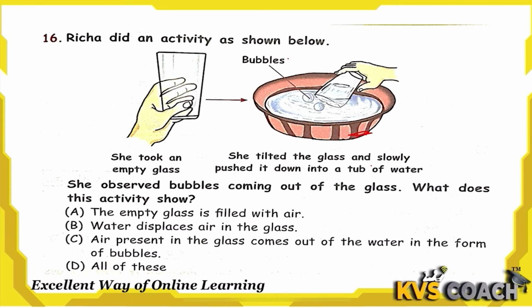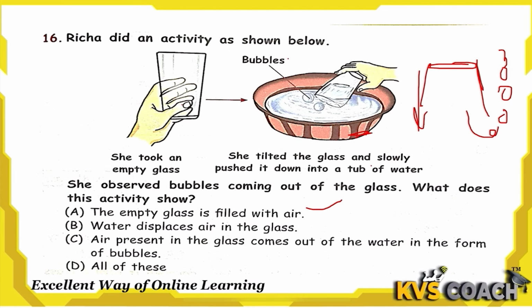Kids, here is a bucket filled with water. We took an empty glass and we put it in downward direction into the water, like this. Then what will we see? We will see bubbles coming out from the water when the glass goes down in the water. So what does the activity show? Empty glass is filled with air.